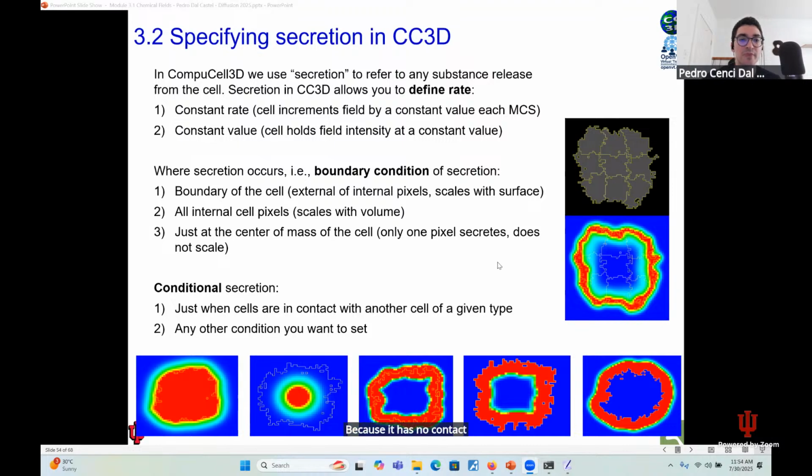And of course, you can implement secretion in the Python code and you can set any condition you want. You can say, oh, only the cells that are in state X can secrete. Only cells with a certain volume, only cells, no. You can create any condition imaginable.